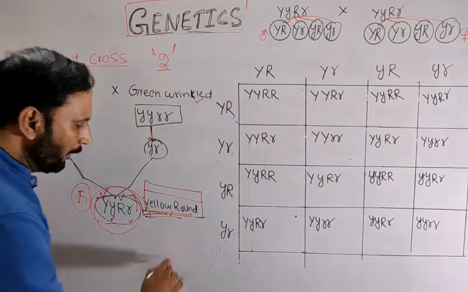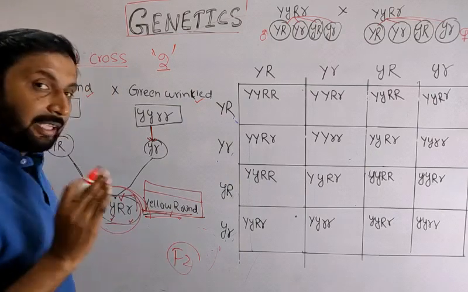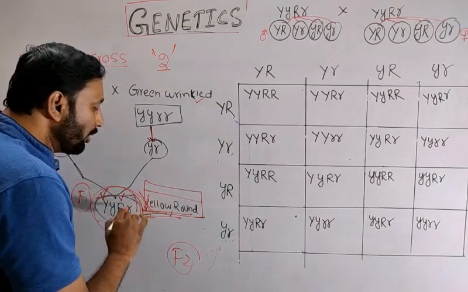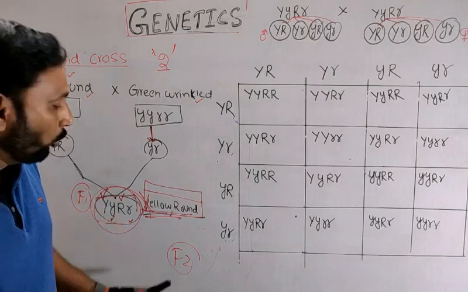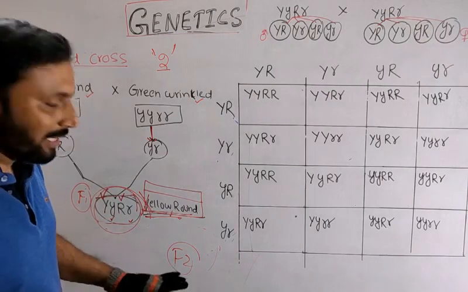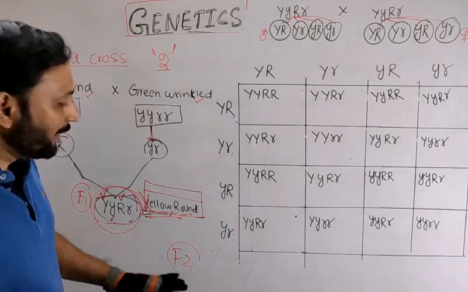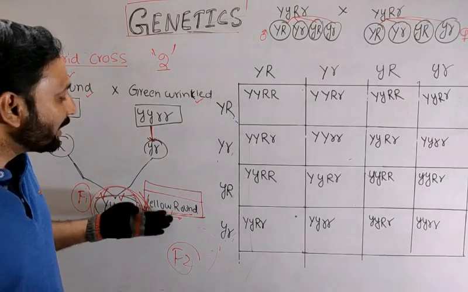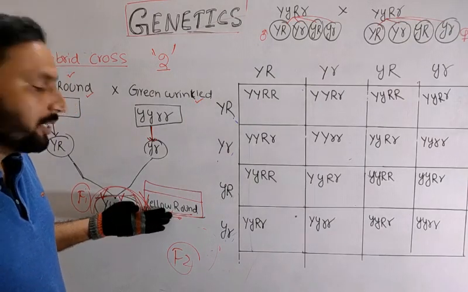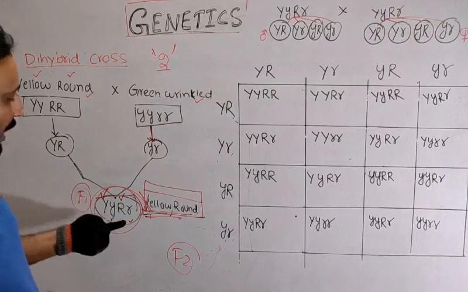So when you go to the F2 generation, the F2 generation is formed as a result of self-pollination of F1 hybrids.